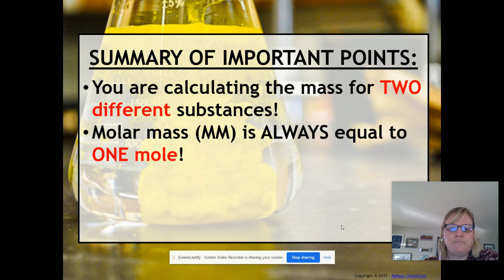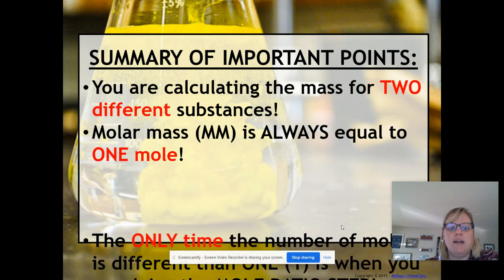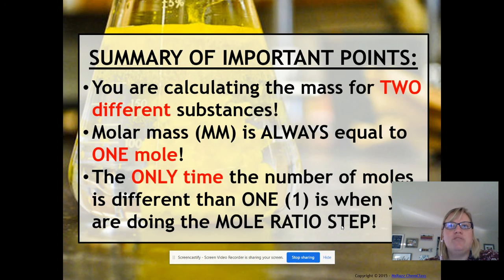All right. Your molar mass is always equal to 1 mole. I think you know this. We've gone over this over and over, but don't forget your molar mass is always equal to 1 mole. The only time that you're going to have a different number of moles is in that mole ratio itself.